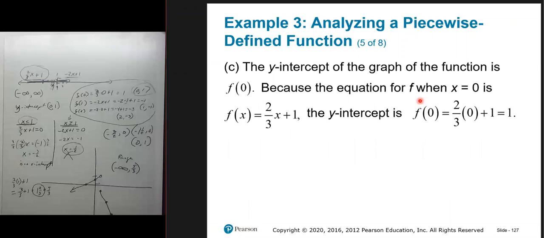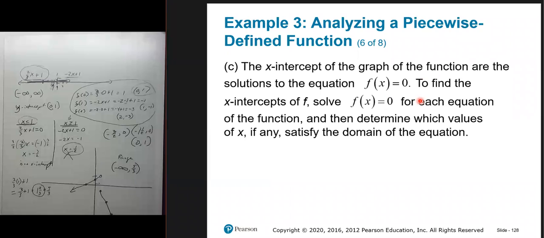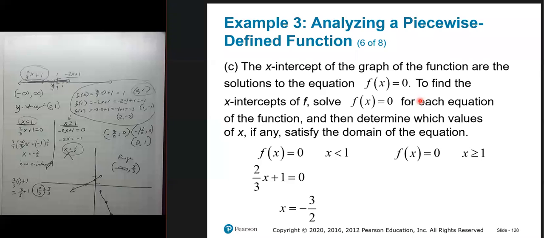The intercept is found by setting x equal to 0, and you use the appropriate function for that. So they went and set the first one equal to 0 and got -3/2. And they set the second one equal to 0 and got +1/2.